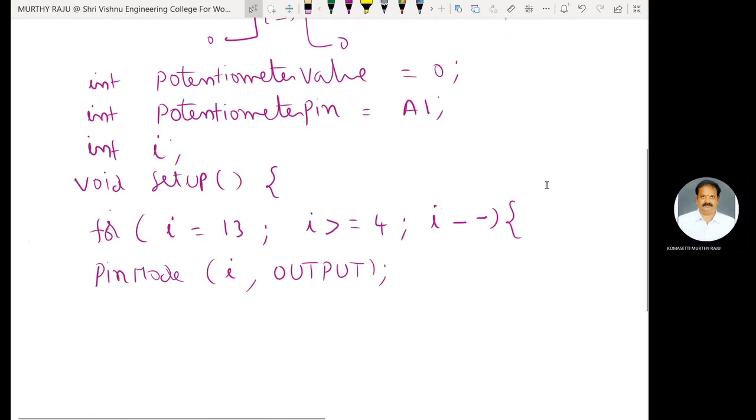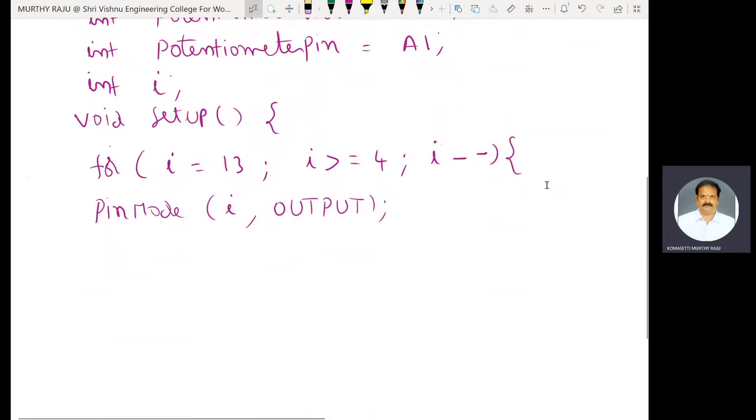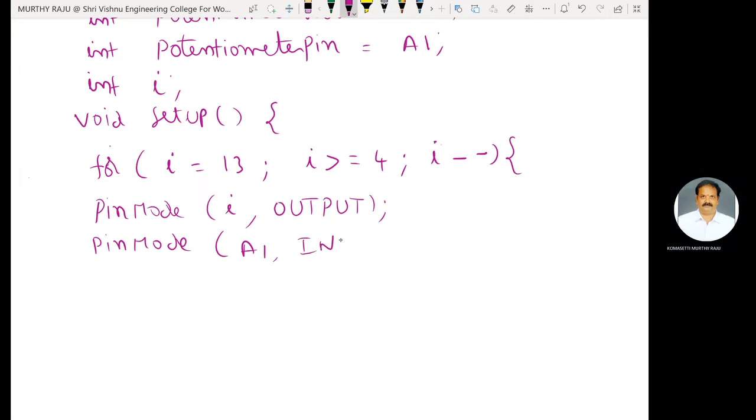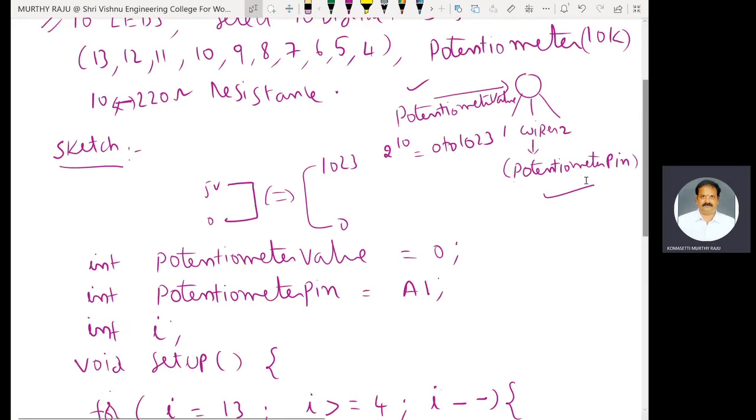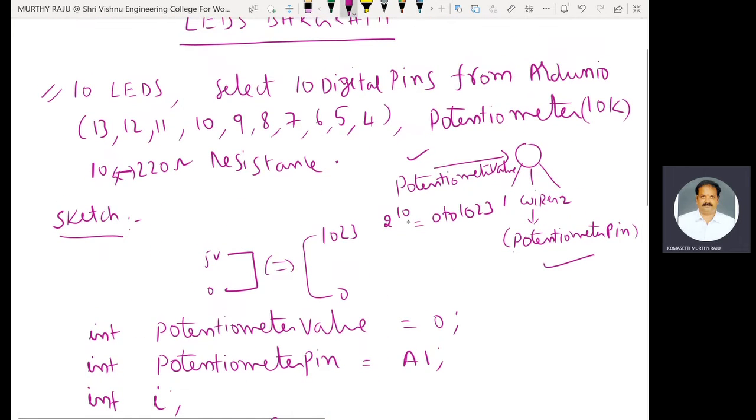The analog potentiometer is an analog device. That is the reason we use pinMode, input. A1 is the analog pin and input. Why is this one input? Because by changing these values from 0 to 1023, LEDs are gradually on.